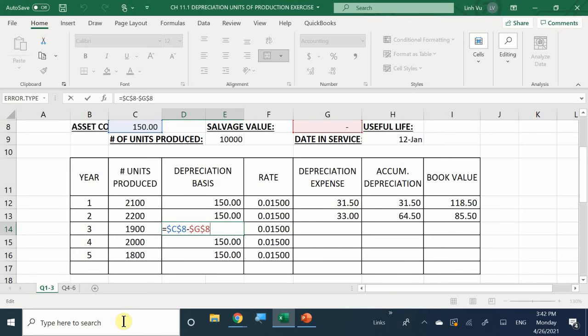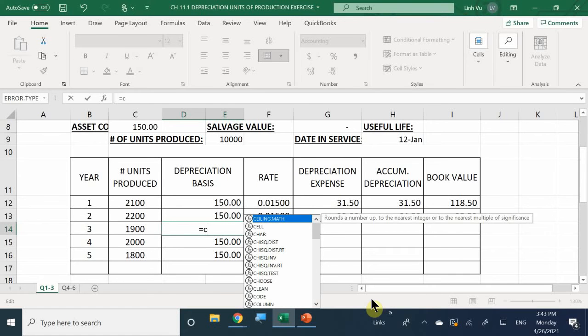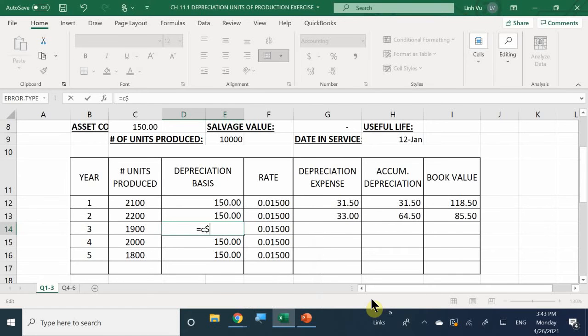If you are only picking up this one cell and you don't want to ever change it, you definitely want to use the absolute cell reference, which is where these dollar signs come in. Now, I could type it in, but that's more work for you if I have to go C, dollar sign, 14.